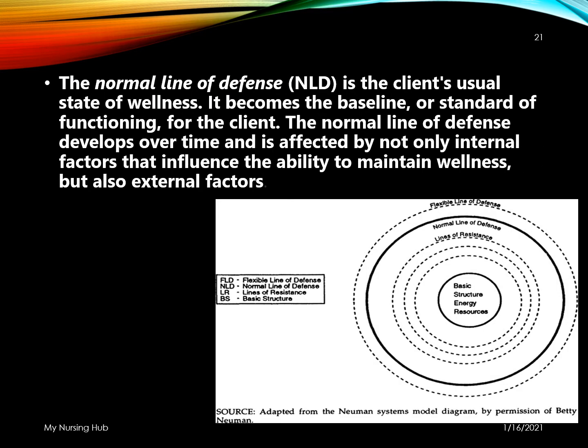Now let's have a look into the normal line of defense. You can see the picture again. It is the client's usual state of wellness. It is a baseline or standard of functioning for the client. The normal line of defense develops over time and is affected not only by internal factors that influence the ability to maintain wellness, but also by external factors.